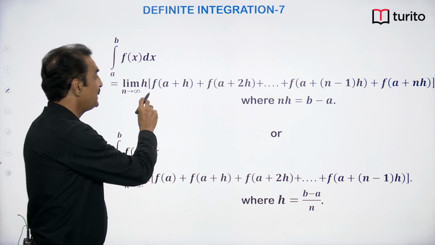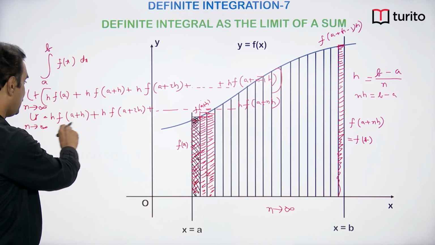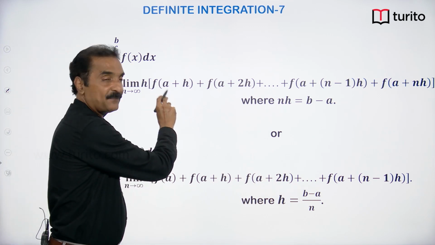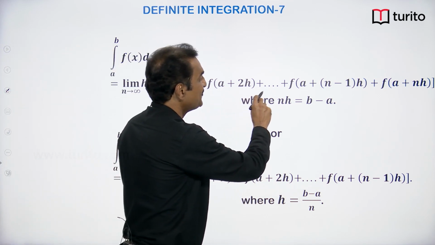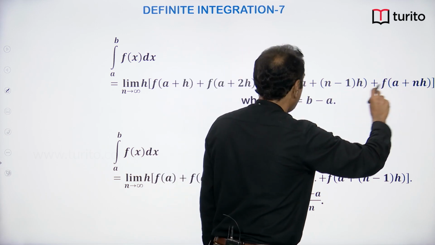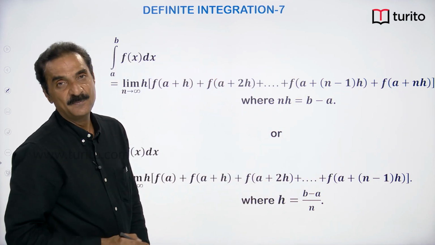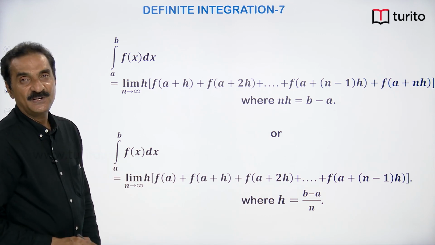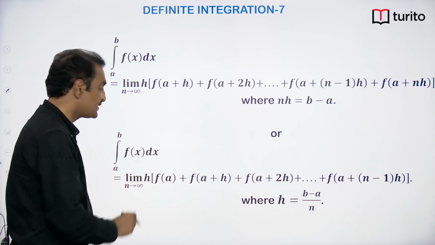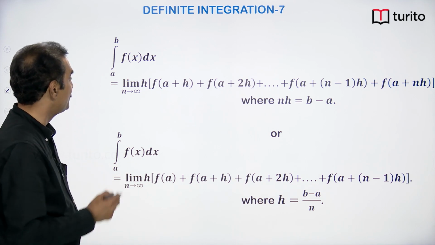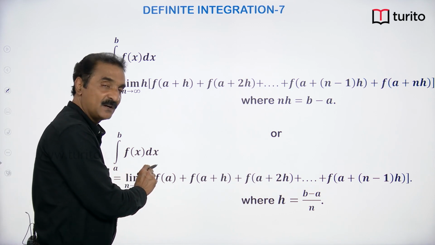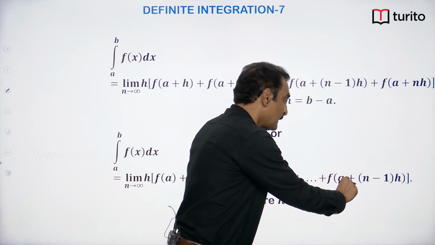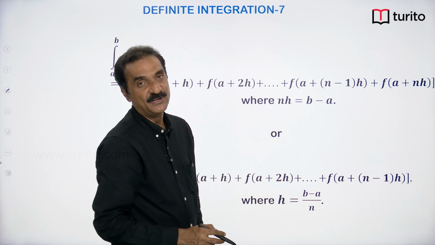If I take h common, in the second method I got this, the same thing is here, h into f of a plus h plus f of a plus 2h plus and so on, f of a plus nh, where nh is b minus a, or integral a to b f of x dx is equal to limit as n tends to infinity, h into f of a plus h plus and so on up to f of a plus n minus 1 into h.